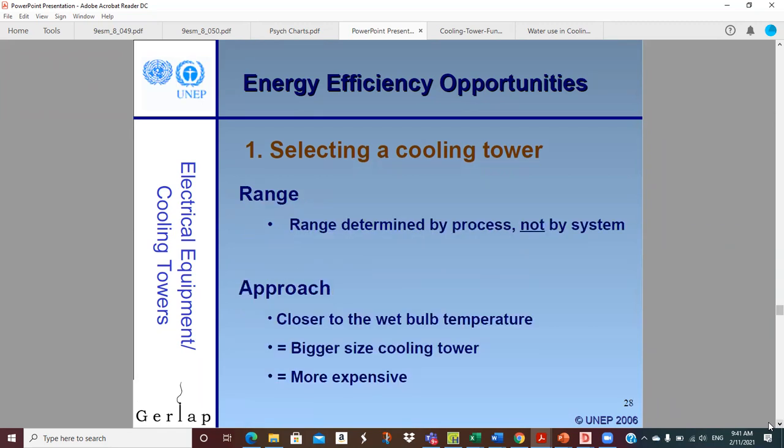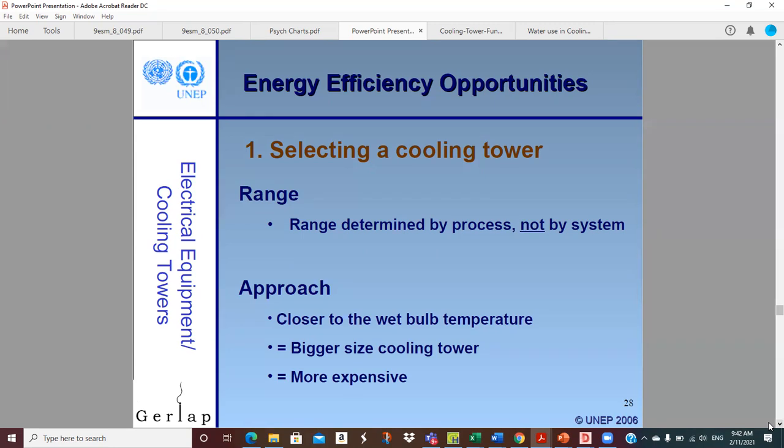Okay, so when you're selecting a tower, you have to know the range. And of course, we're going to talk through these terms to try to pound home to you what they are. It takes a little while for all this to sink in, I realize. But we defined the range last time as the inlet water temperature minus the exit water temperature, or how much of a decrease in temperature we got in the water stream as a result of going across the cooling tower.